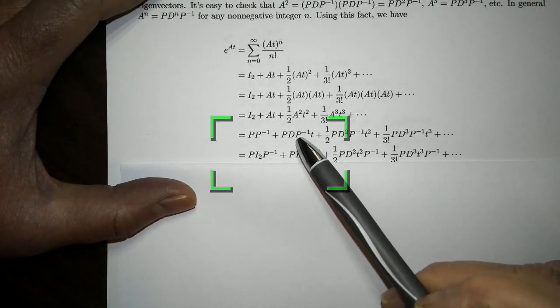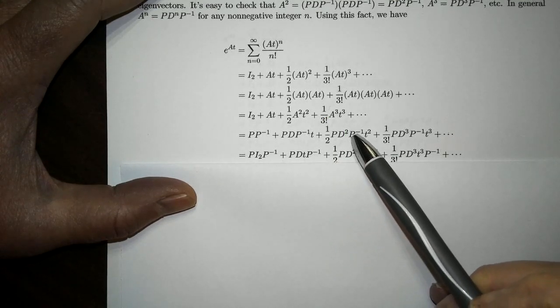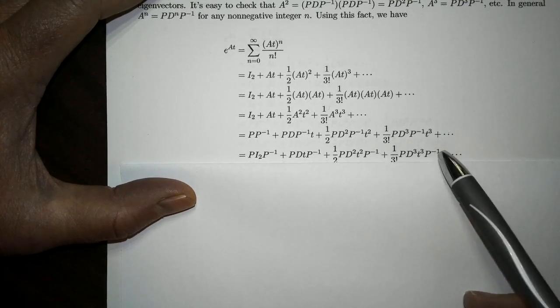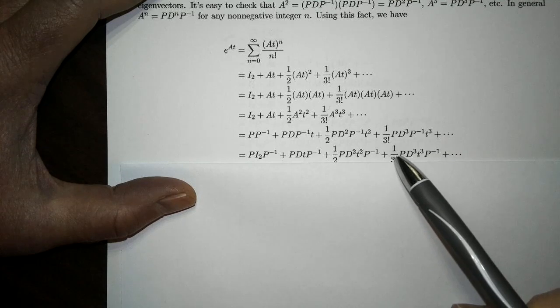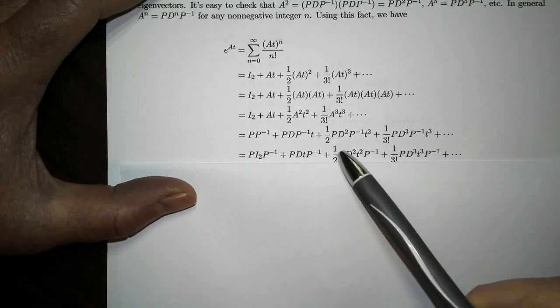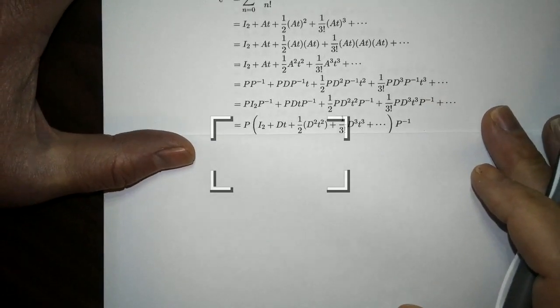So I could replace P inverse t by t P inverse. I can replace P inverse t squared by t squared P inverse. And so what we have is the following. Notice how P is a left factor of each term here, and P inverse is a right factor of each term here. So we can factor them out, and we get the following.